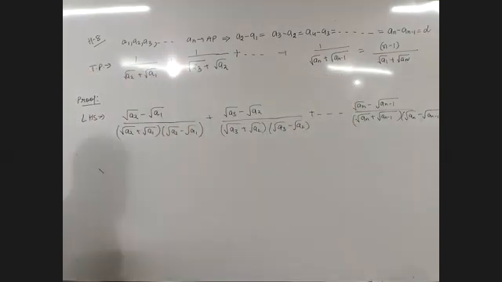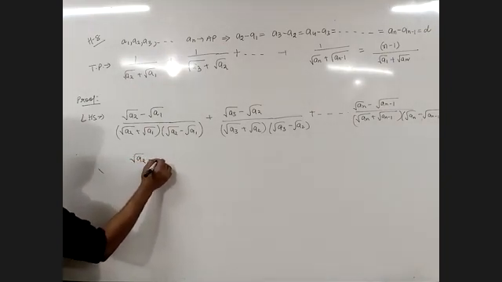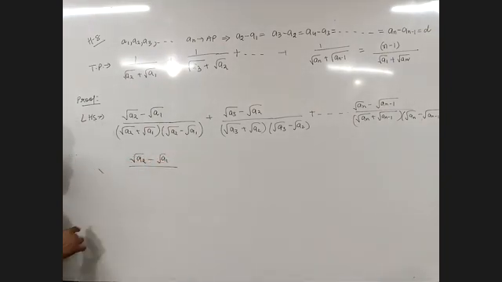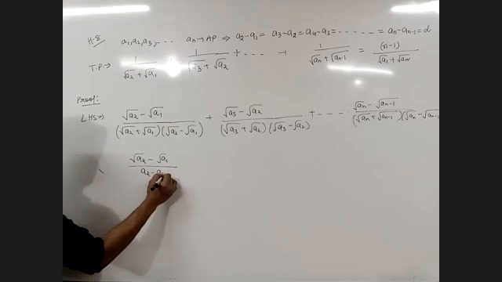Right? Now look carefully. This is a2 minus a1 whole upon a plus b, a minus b, a square minus b square. Can we directly write it as a2 minus a1?